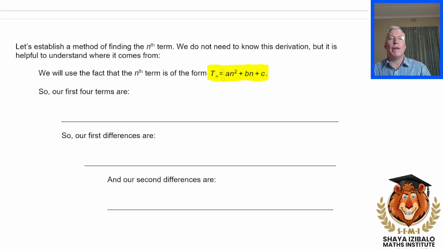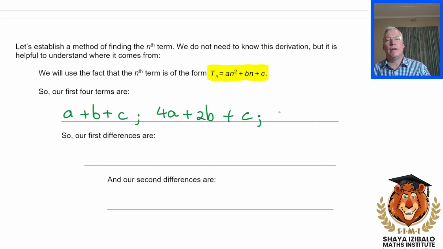But because we know that our nth term is of that form, our first term, if n was 1, would be a plus b plus c. All right, if n was 2, we'd get 2 squared, we'd get 4a plus 2b plus c.